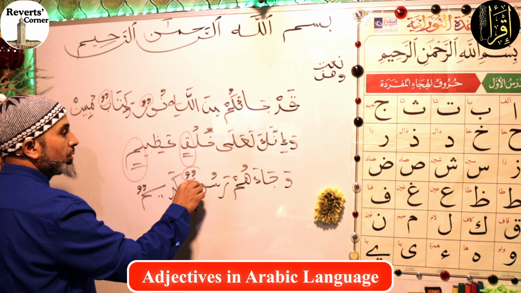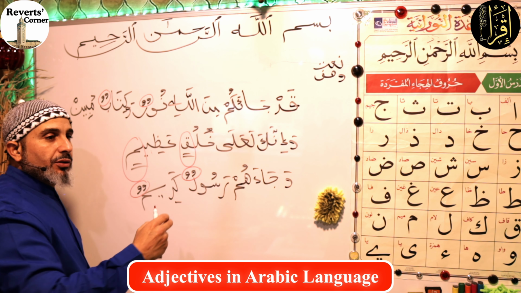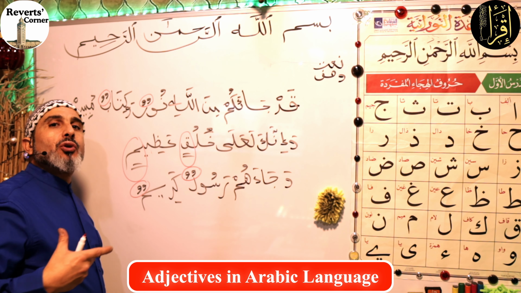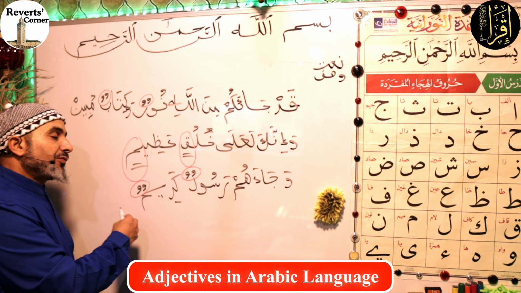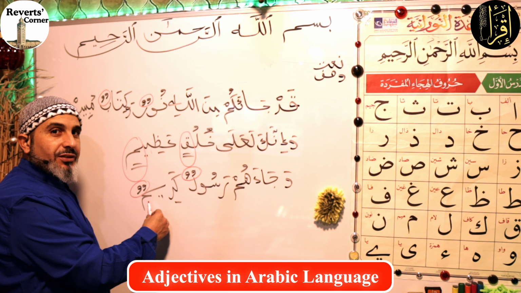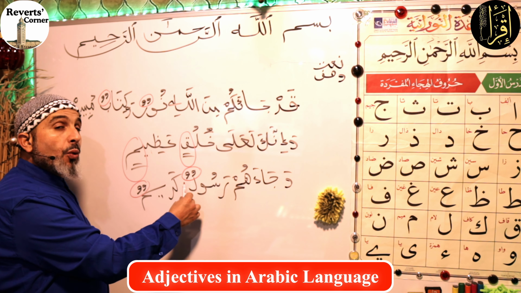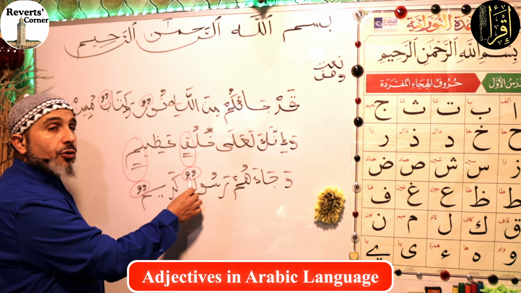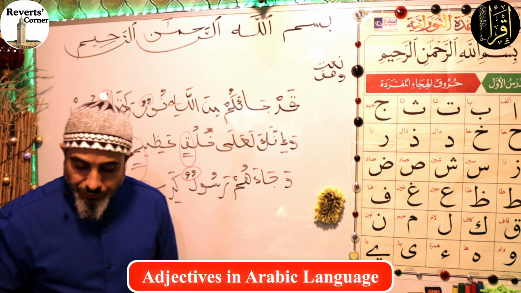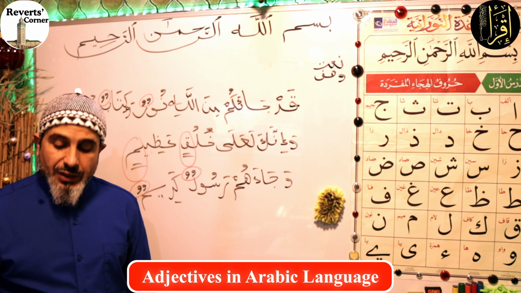If you look right here, Rasulun, the messenger, is the one that is being described. Karimun is the adjective. What did we say? If the man'ut, the one that is being described, is marfu', the adjective is also marfu'. All right, we'll take another example.